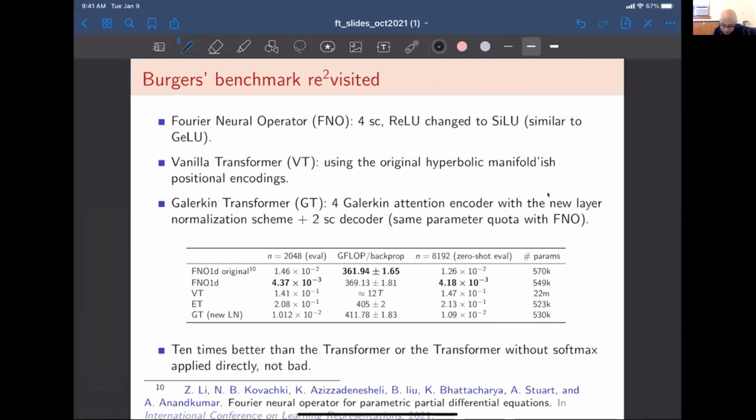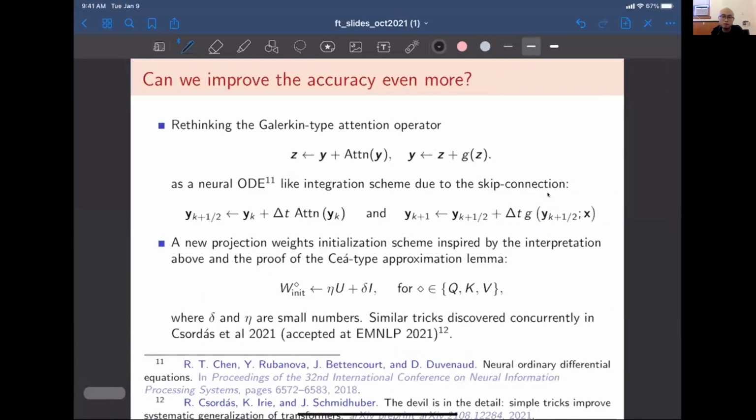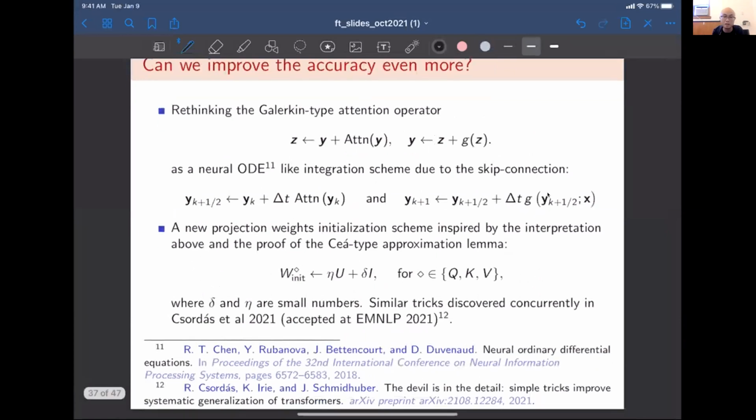The classical vanilla transformer, or the softmax removed one, is not much slower than the Fourier neural operator, even though right now we have three learnable matrices, and we match the parameters. But can we improve it even more? Inspired by other literature, if we rewrite the attention as a neural ODE, this type of iterative scheme, it makes sense to dial it down like a real ODE integrator. It turns out someone in Schmidhuber's lab also discovered this trick concurrently.